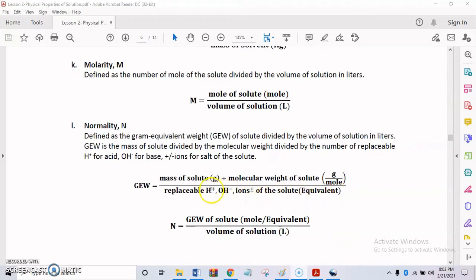The hydrogen ion here is in terms of acid compounds. The OH minus here is in terms of base compounds. And the ions here are for the bases, the plus and minus numbers.